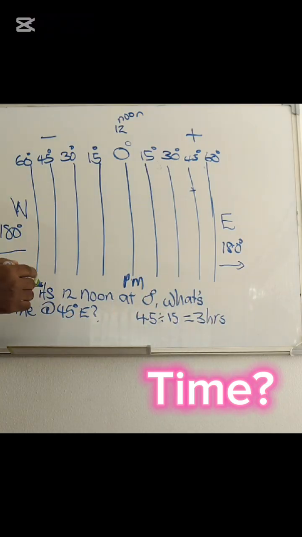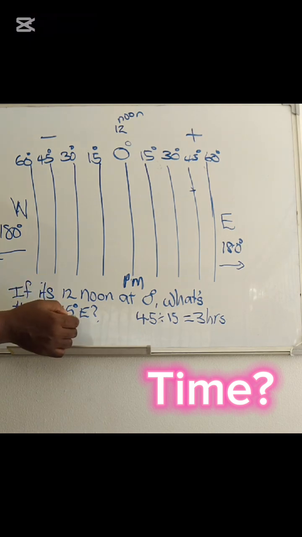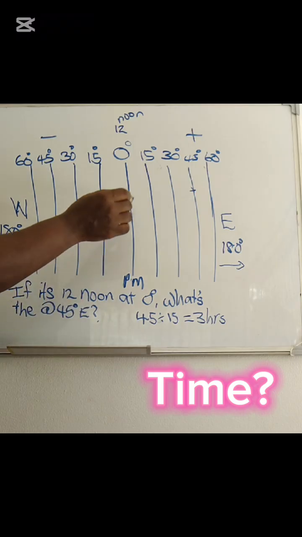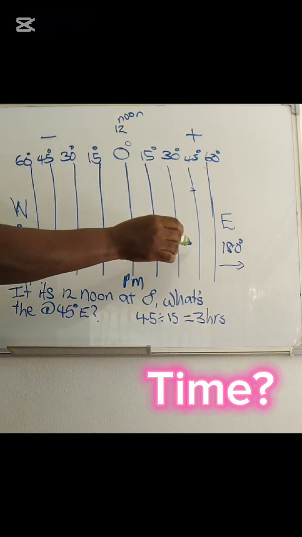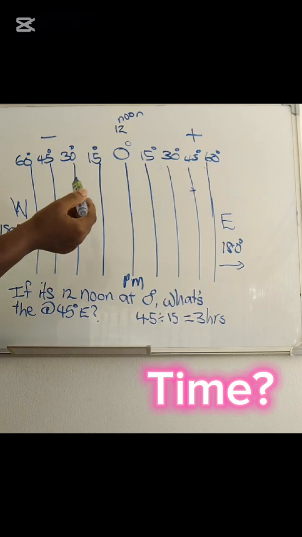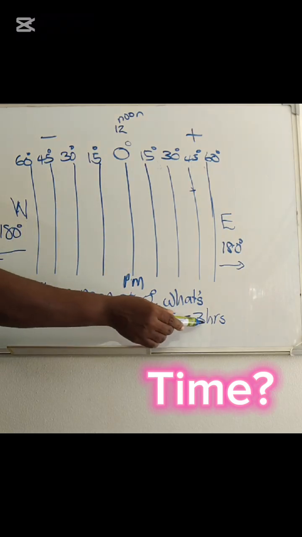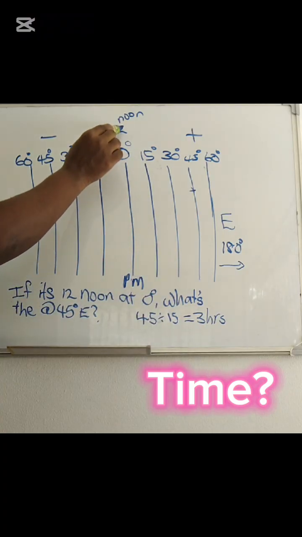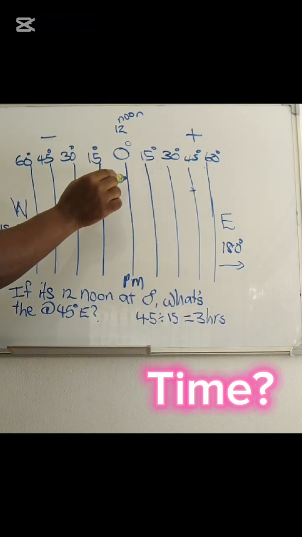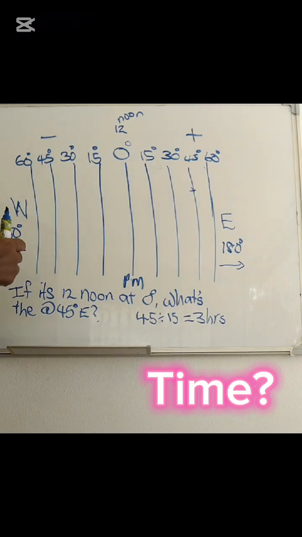So we need to determine whether we're going east or west, and here it says east. What time is it at 45 degrees east? So we know that we need to add. Therefore, we're going to add the 3 hours to 12 noon. So 12 to 1, 1 to 2, 2 to 3.